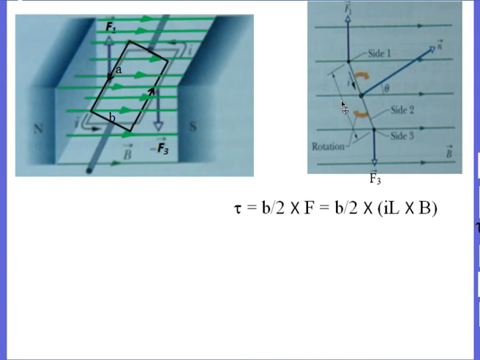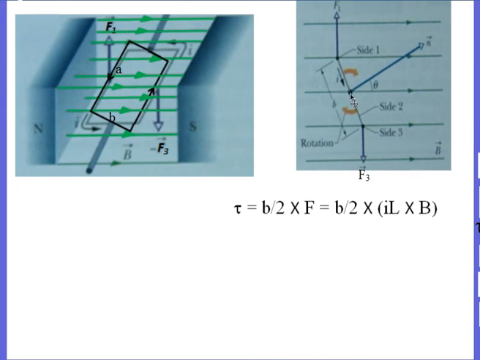Let's get a picture here that we can look at. We are of course missing force 2 and force 4, but we don't care. Here this arm, 1/2 b, and then the force. And so you have this cross product. Now here, this current, that black dot there, is going to be perpendicular.